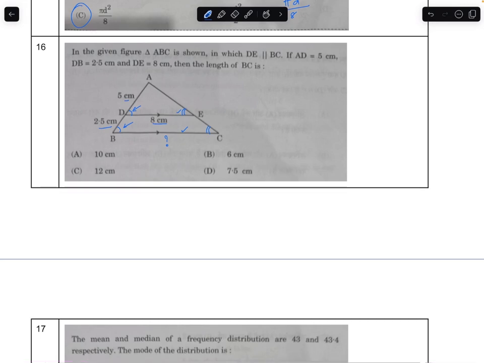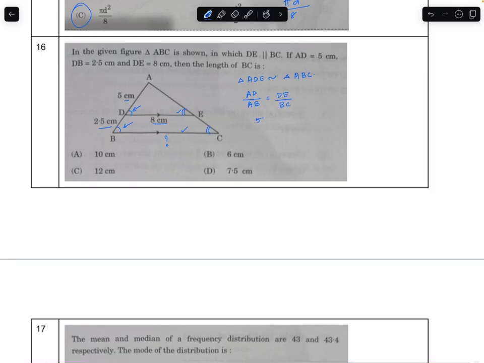These two angles are equal because they are also corresponding angles. Since two pairs of angles are equal by AA similarity, the triangle ADE is similar to triangle ABC. Since two triangles are similar, the ratio of the sides are proportional. That is AD upon AB is equal to DE upon BC.